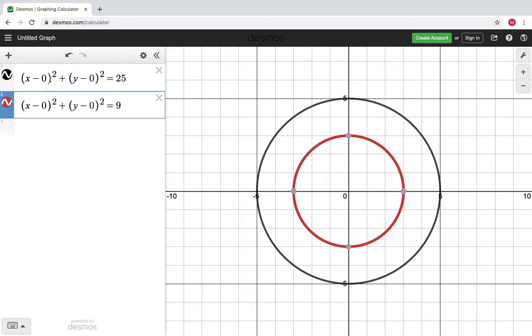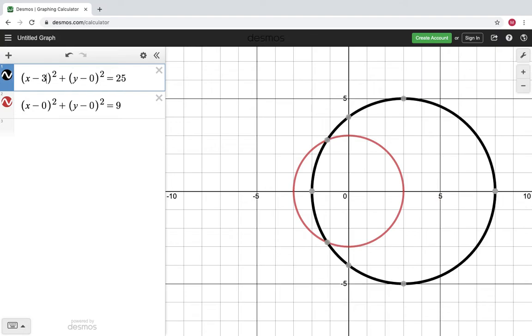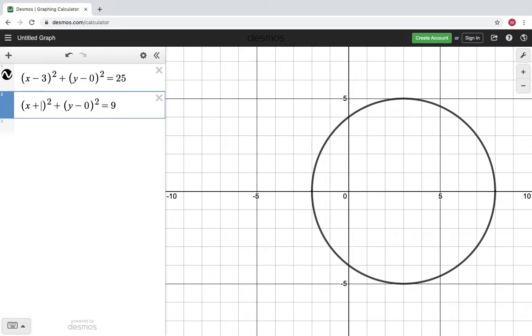So let's say we move this one to the left, and we move this one to the right. Now one center is here, and one center is here. They are a distance of 8. And so what you have is two circles that are tangent to each other.